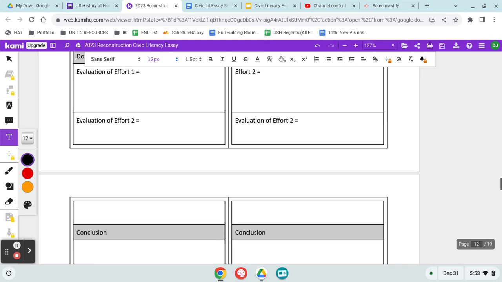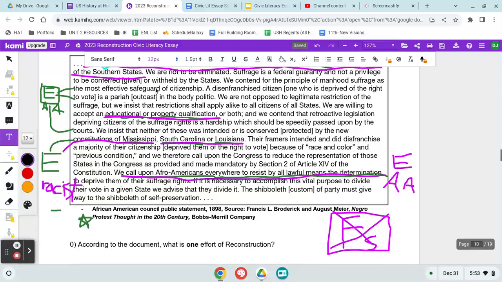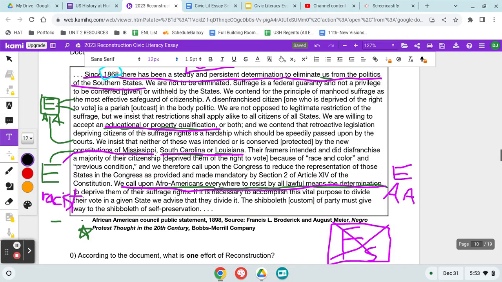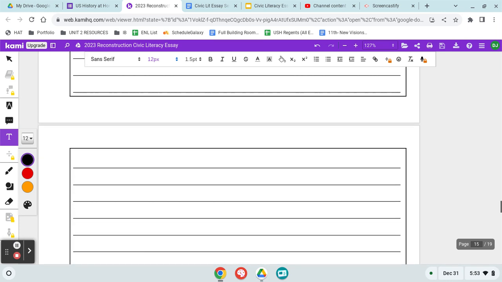Let me see if I can even, what I want to be able to do is to analyze this instead, right? Especially what I'll say here is this. It said, depriving citizens of the suffrage rights is a hardship which should be speedily passed upon to the courts. No, that's not the one I thought. Oh, a disenfranchised citizen is a pariah in the body politic. Well, I could get pretty political here, but that's not my job.